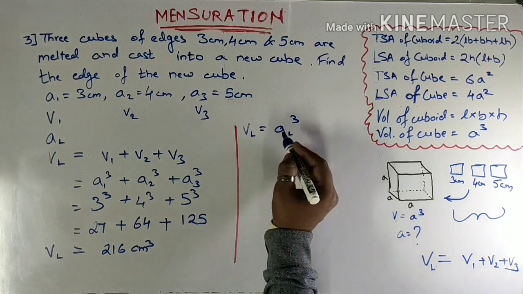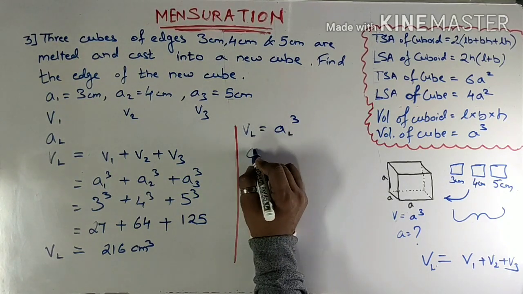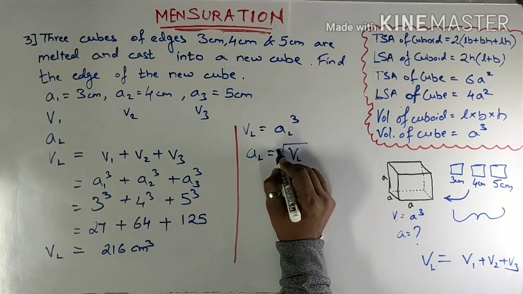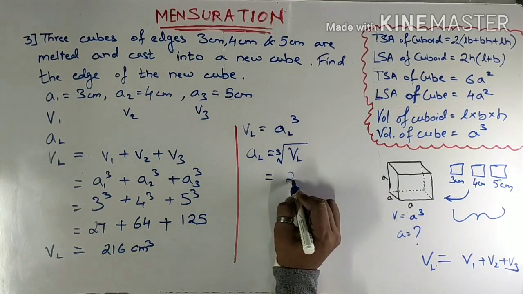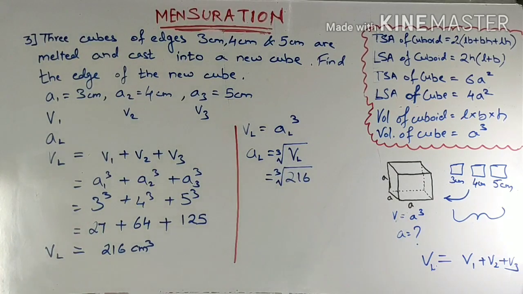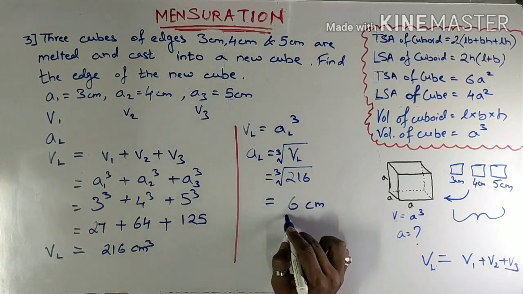And what am I supposed to find? AL. I know VL. So I'll take the cube root of VL to find AL, which will be nothing other than the cube root of 216. When I calculate the cube root of 216, the answer is 6.